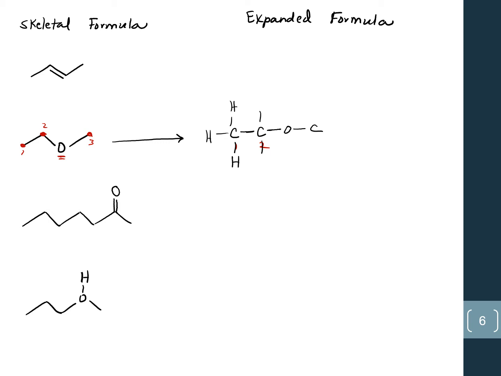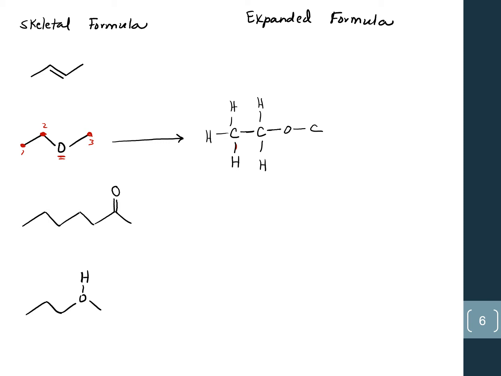So I'm going to put 2 more bonds for the hydrogens. The oxygen, we're going to keep that one as it is. In your skeletal formula, you don't get to see any bonds to that oxygen besides the 2 that you have for the carbons.